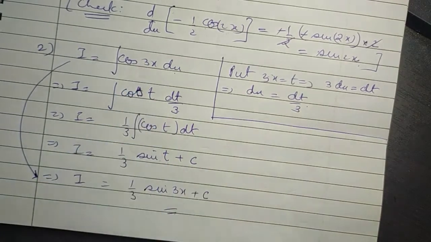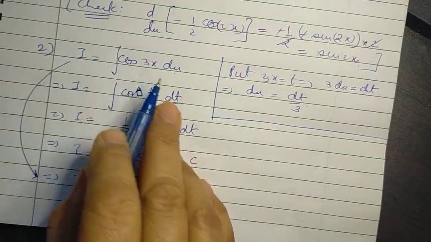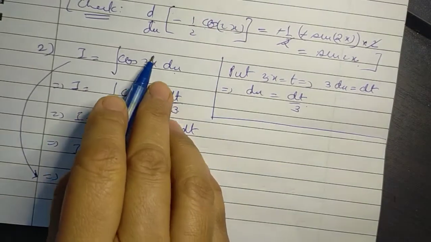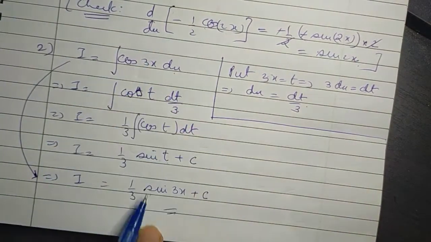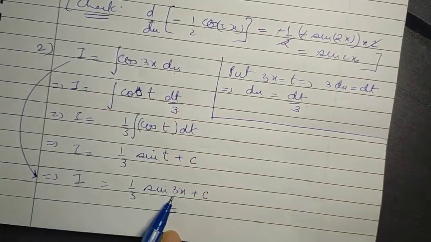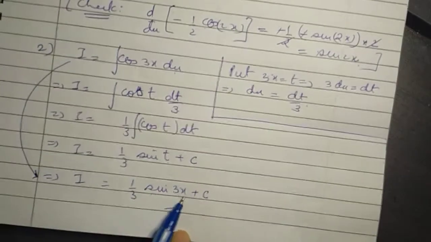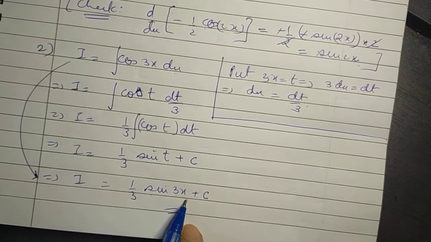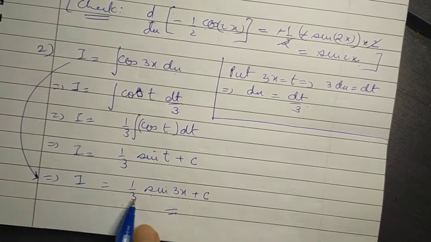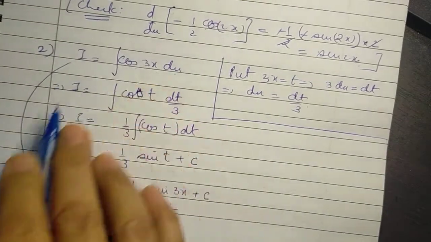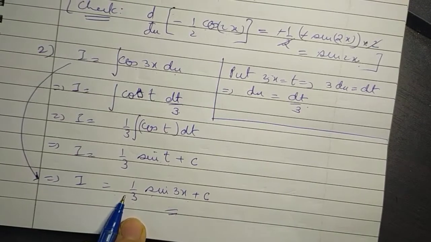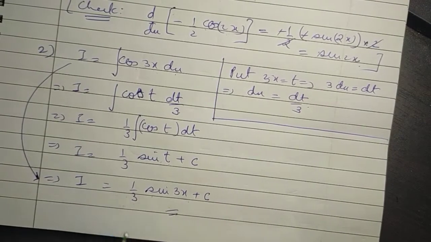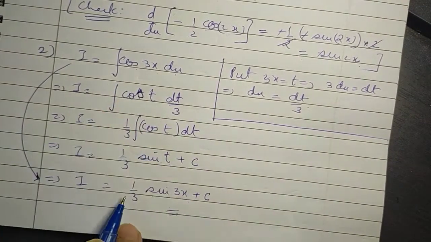But here we are going to divide by the coefficient of x. The coefficient of x is 3, so you divide by 3. So directly also you could have written this answer. It's up to you, whichever way you are comfortable.